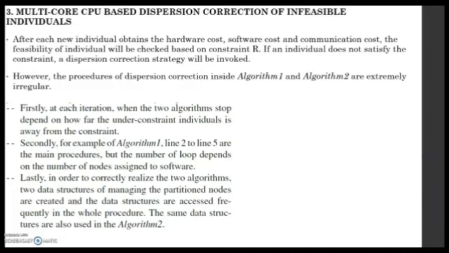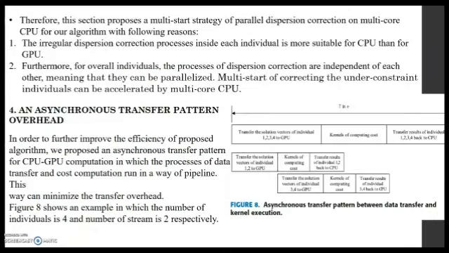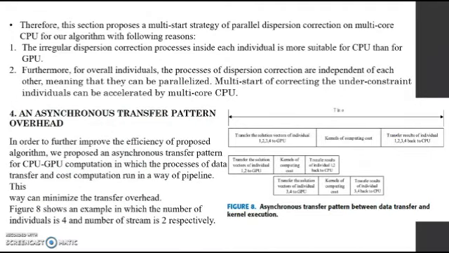And lastly, in order to correctly realize the two algorithms, two data structures for managing the partition nodes are created, and the data structures are accessed frequently throughout the whole procedure. The same data structures are also used in algorithm 2. So therefore the section proposes a multi-start strategy of parallel dispersion correction on multiple CPU for the algorithm, for the following two reasons.